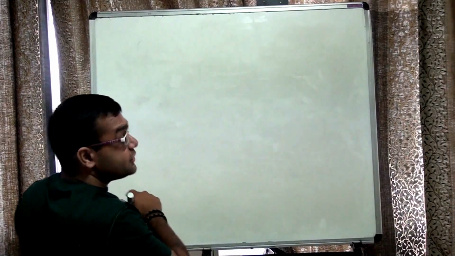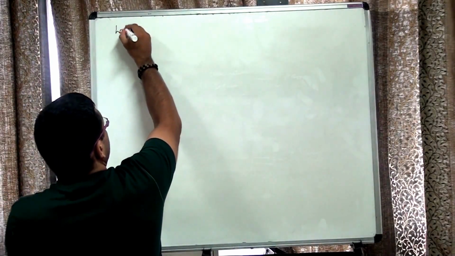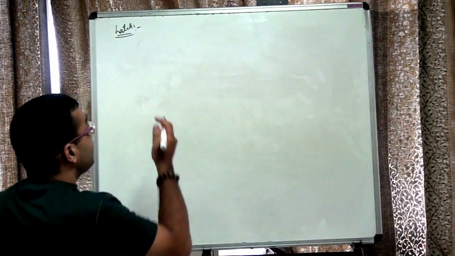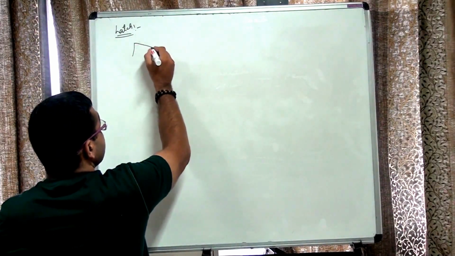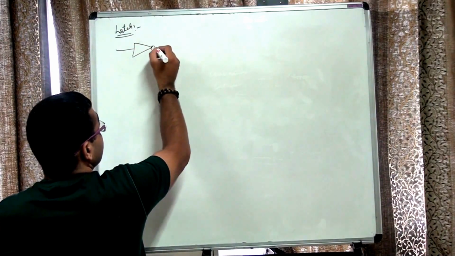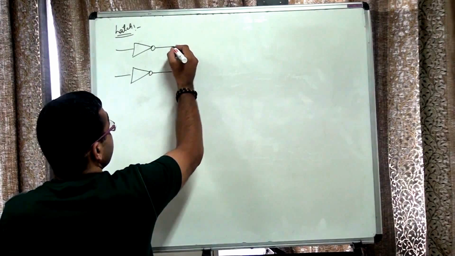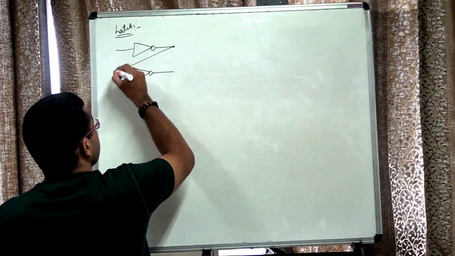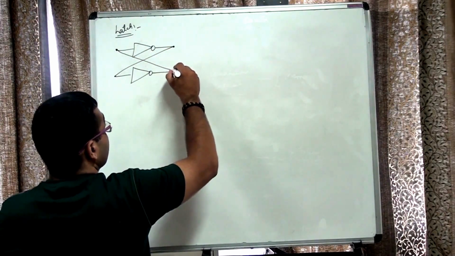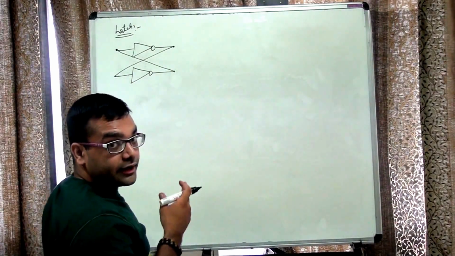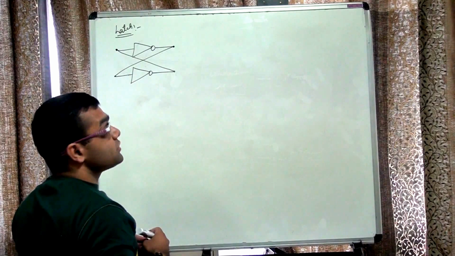Now our first basic sequential circuit was the latch. That was invented way back, and our basic latch was this. This could have been implemented using NOR gates or NOT gates.